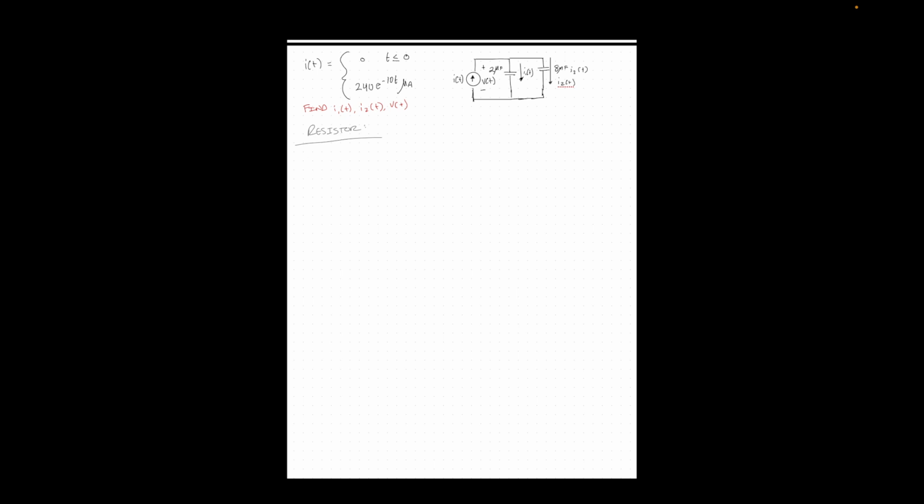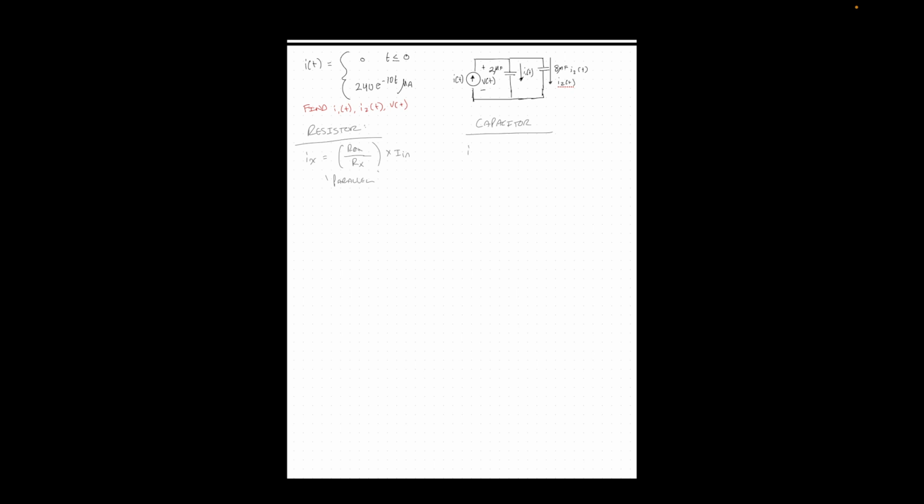If I want to find some arbitrary current I of x, it is going to be equal to Req divided by the R of x that I want, times some incoming I. Now for the capacitor, and by the way, sorry, this is for elements in parallel, and this also works for elements in parallel.